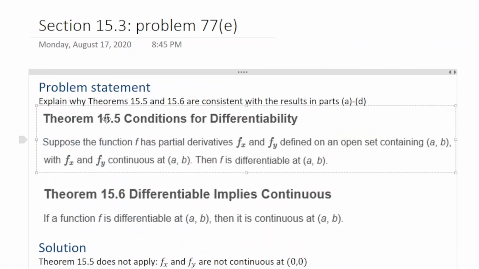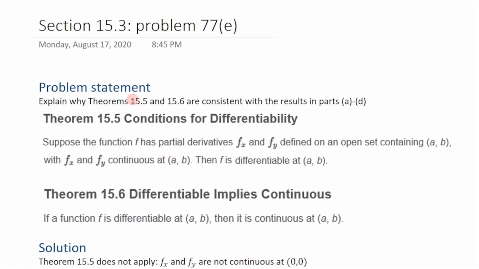In the next part, you're asked to explain why theorems 15.5 and 15.6 are consistent with the results in parts A to D. Remember, 15.5 was saying that if fx and fy are continuous at (a, b), then f is differentiable at (a, b).